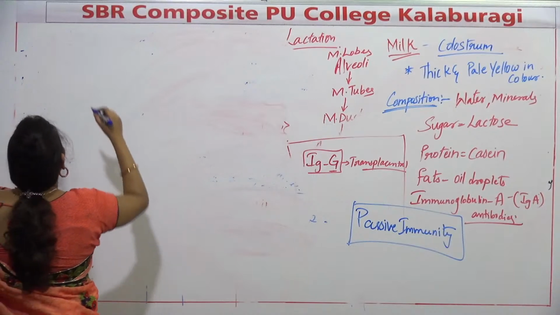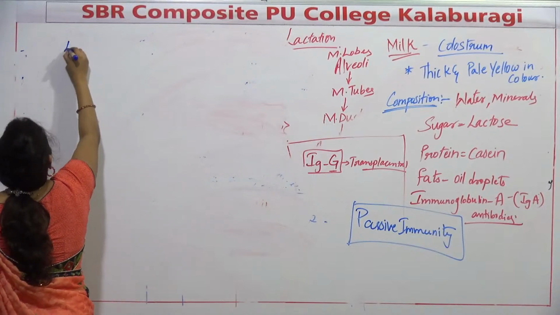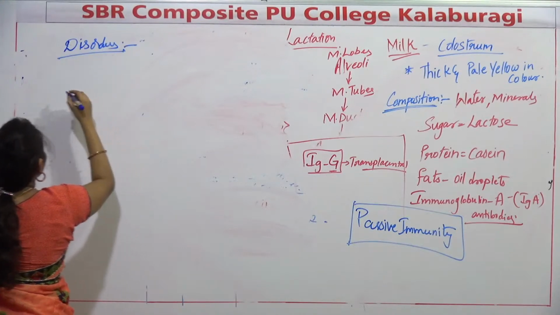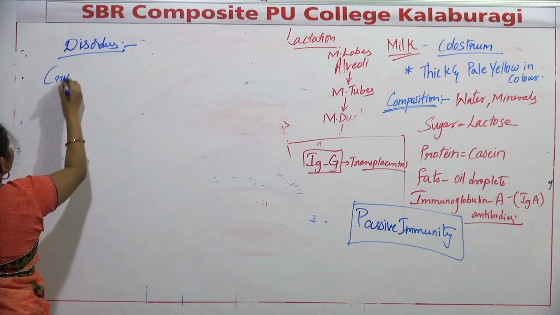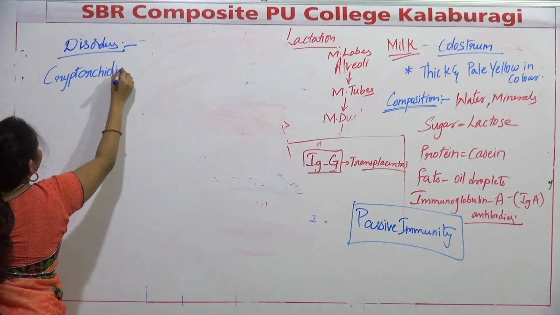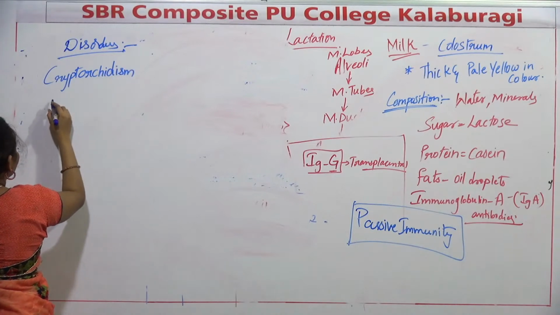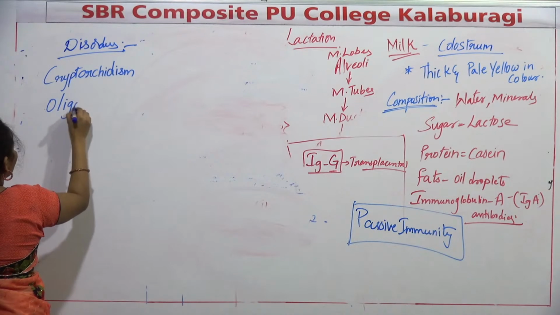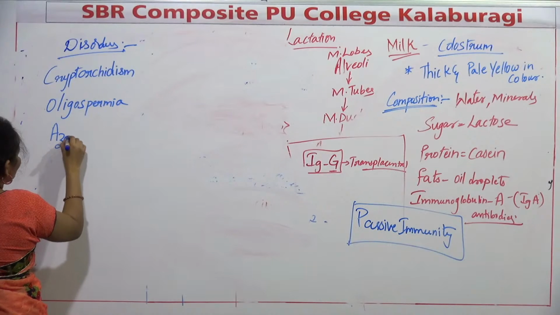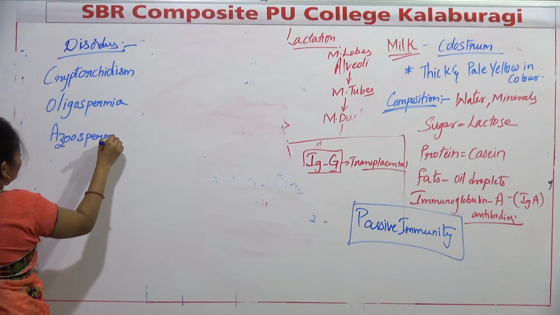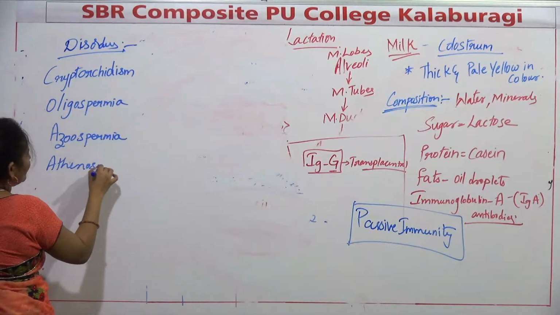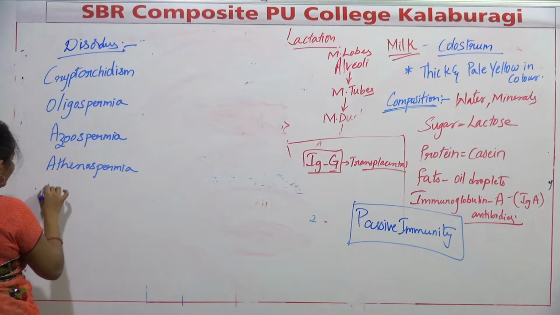Disorders of human reproductive system: Cryptorchidism, Oligospermia, Azoospermia, Echinosphermia.